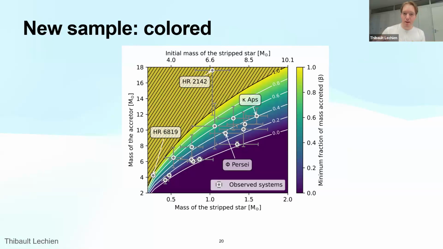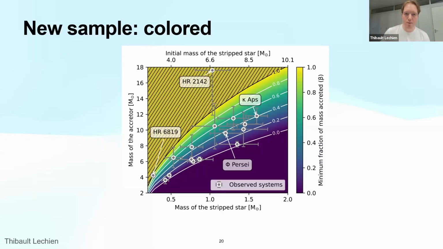And what we see is that Phi Persei has a relatively high lower bound on the mass transfer efficiency, which was found before. But we see that the other systems in our sample also have really high constraints. So Phi Persei, which could have been an outlier if you had only one such system, actually seems to represent a larger sample of systems, where all of these systems should have had some conservativeness in their mass transfer.